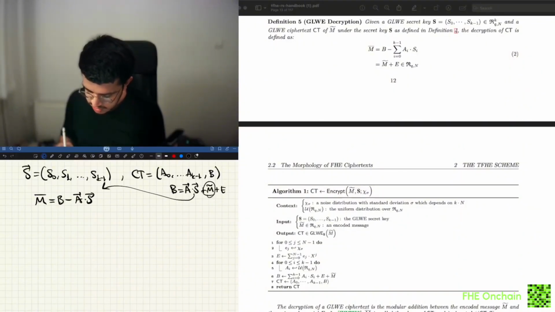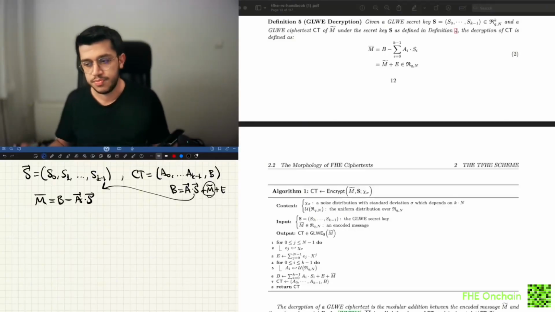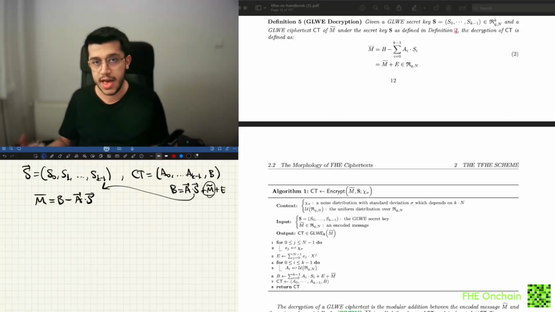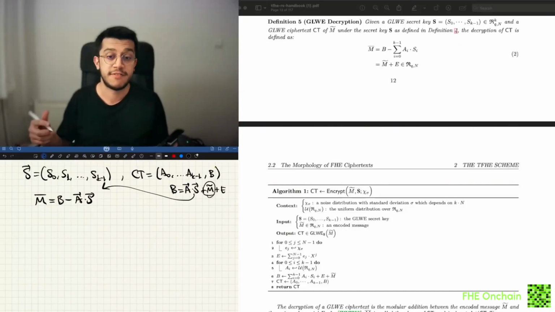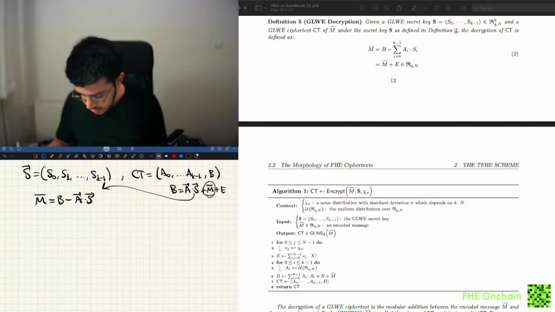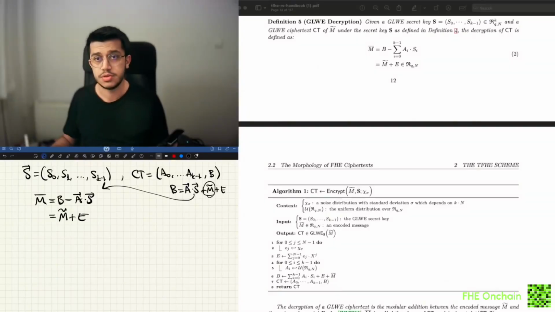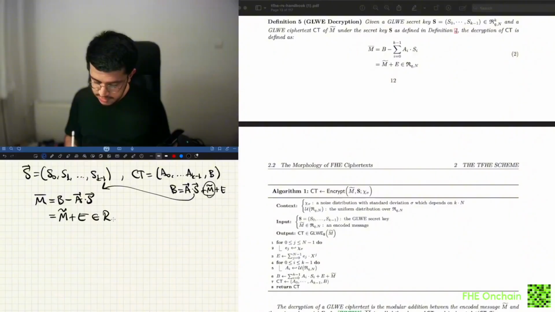From this equation, we're not given E, because E is randomly sampled from the error distribution, so it's going to be random, even though the underlying secret keys are the same for different ciphertexts. But we need to find a way to get rid of that noise at the end of the day. So this is essentially equal to M tilde plus E, the noise, and this is a ring element.